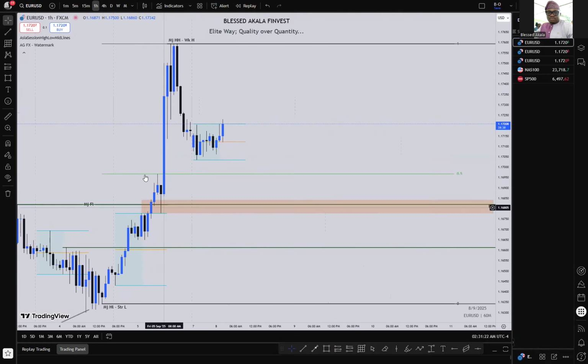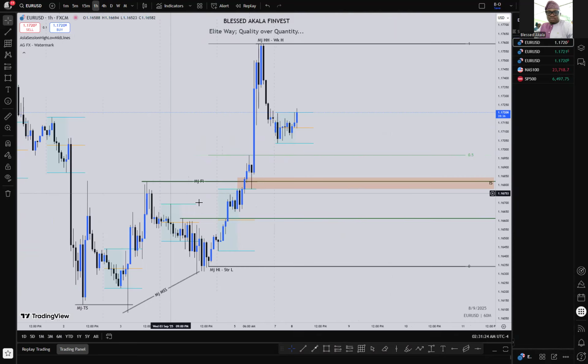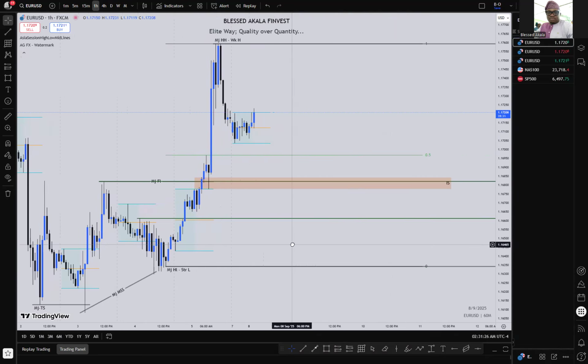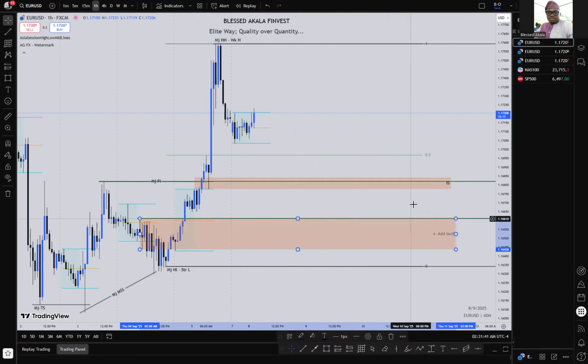and as we can see, there is another level here. So if I'm going to be taking any trades from this leg, I have only two trades from what I'm looking at on 1 hour, this particular leg.